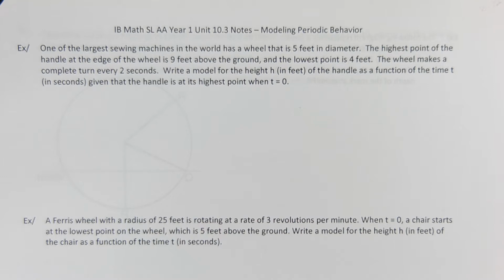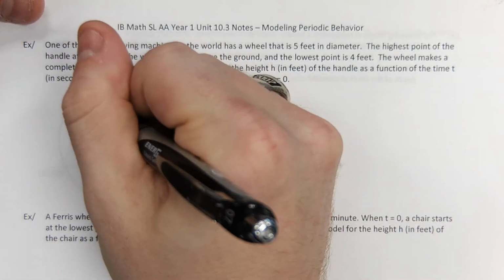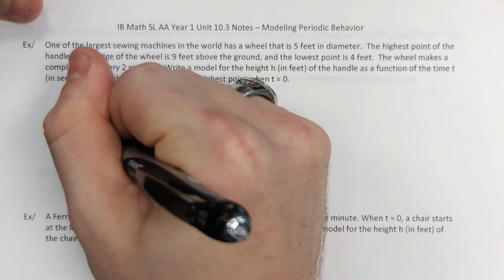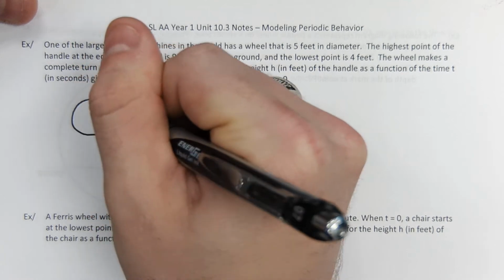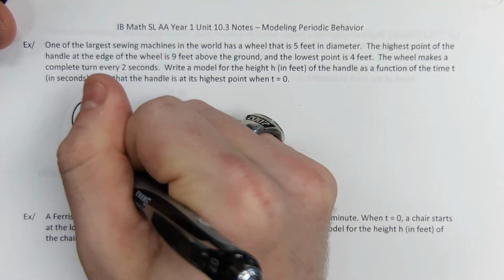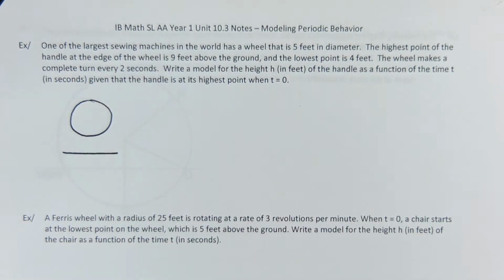I do very well with pictures, very poorly without them, so I'm going to draw a picture. Of course, not drawn to scale. We have a sewing wheel on the ground. What do we know?